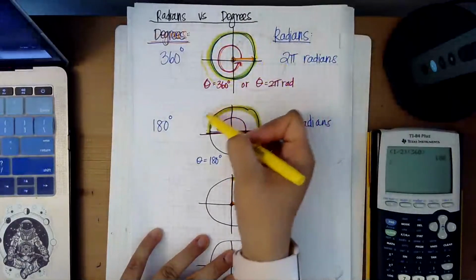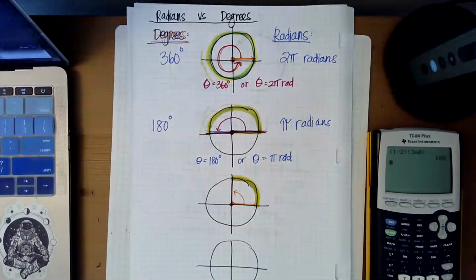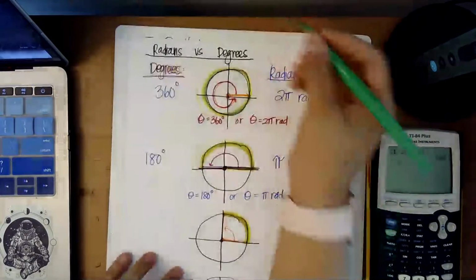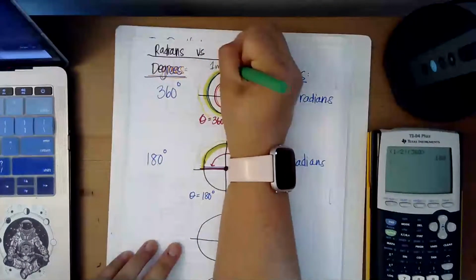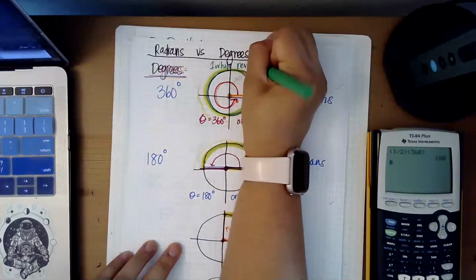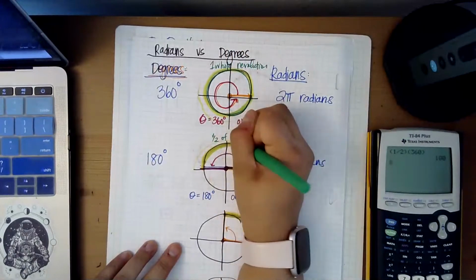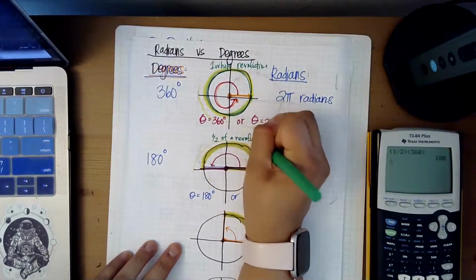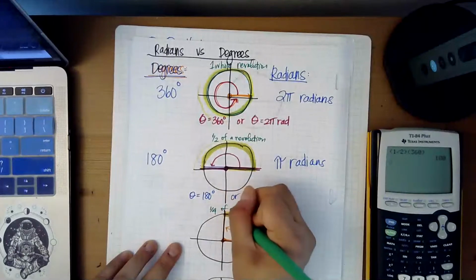This was half a revolution, and now this is 1/4 of a revolution. So let me go ahead and label that. This is 1 whole revolution. This right here is 1/2 of a revolution. And this here is 1/4 of a revolution.